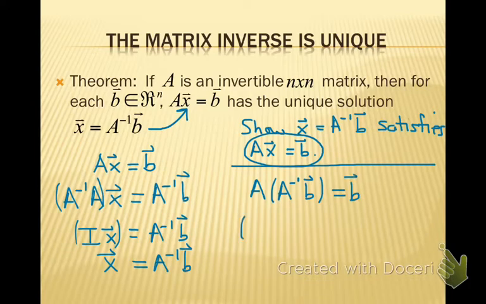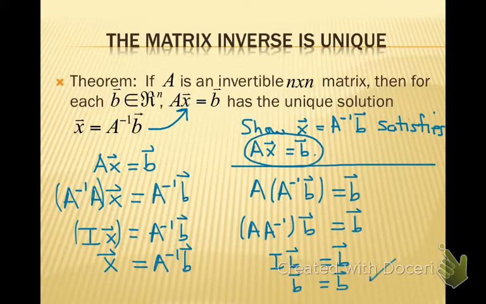We can reorder the way that we take the product, so we can do A times A inverse times B equal to B. And then A times A inverse gives us I times B. And of course, we know if we were to take the product of the identity matrix with any vector, we get the vector back, which shows that we have an equality.